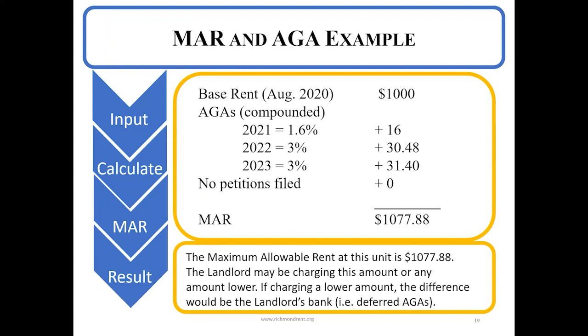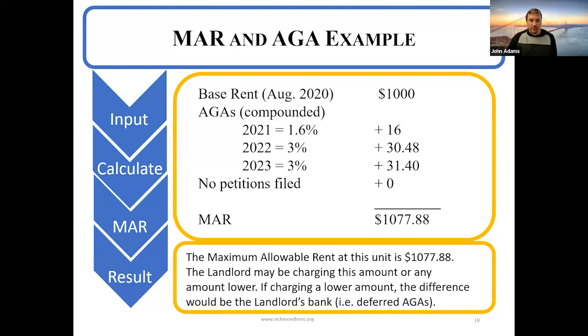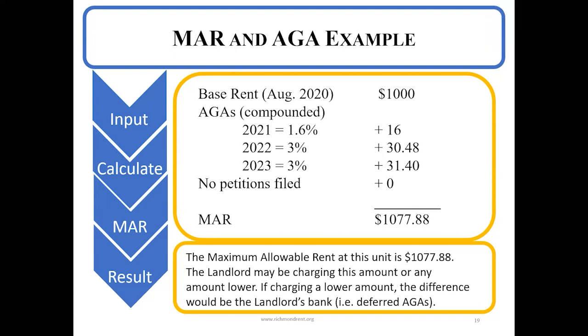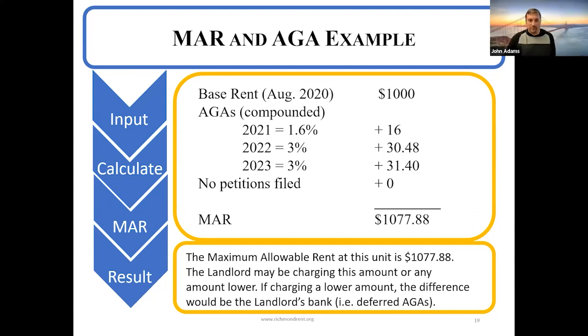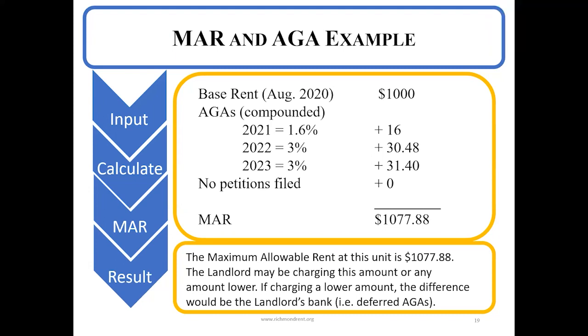Si su renta básica fuera $1,000, and the allowable rent increases for 2021, 2022, 2023 were 1.6%, 3%, and 3%, y el porcentaje permitido para 2021, 2022 y 2023 fuera 1.6%, 3% y 3%, this would create a maximum allowable rent of $1,077.88.